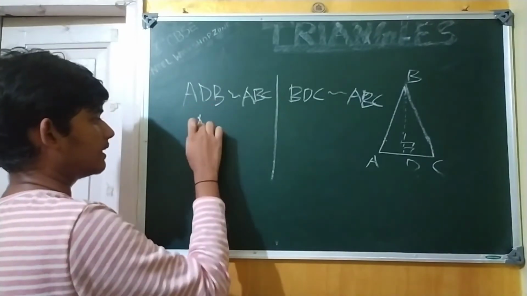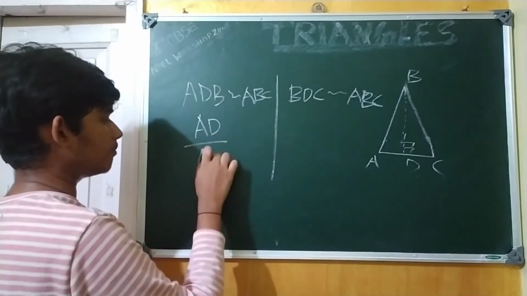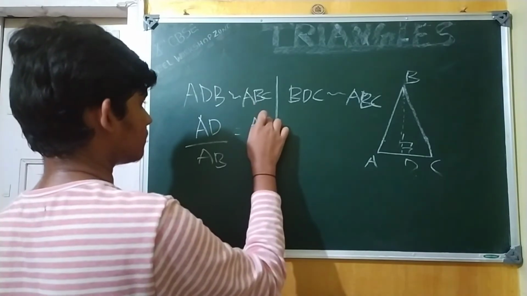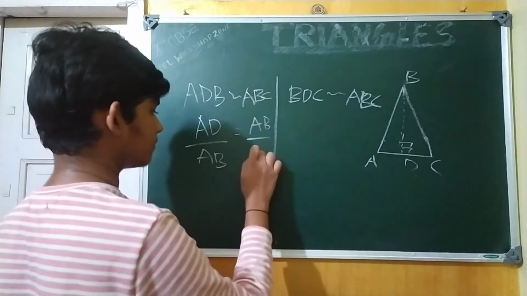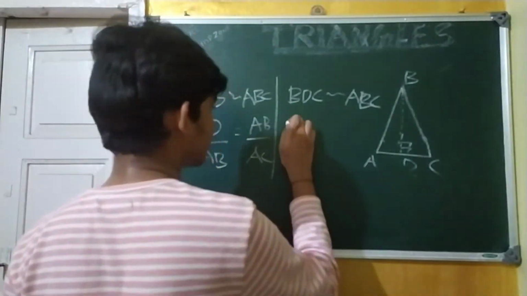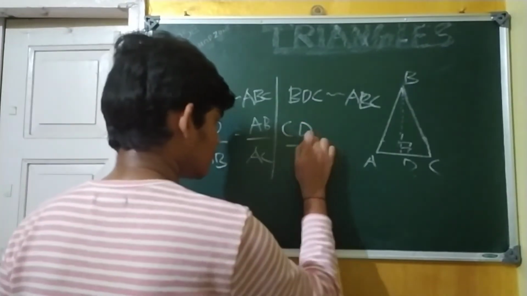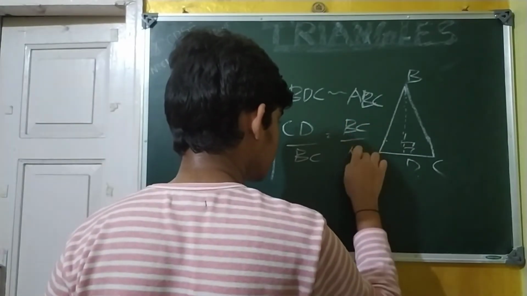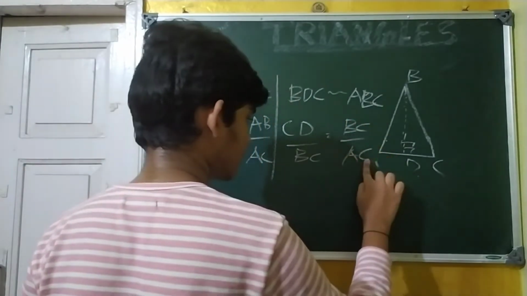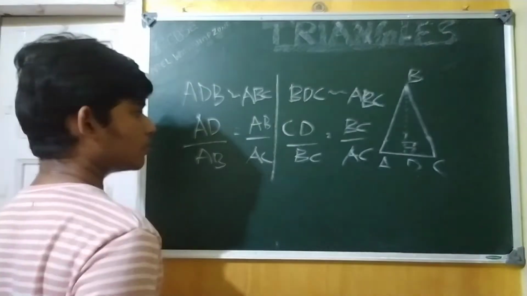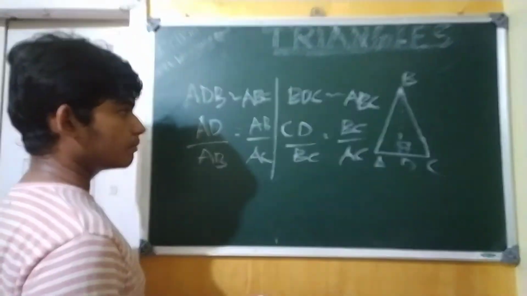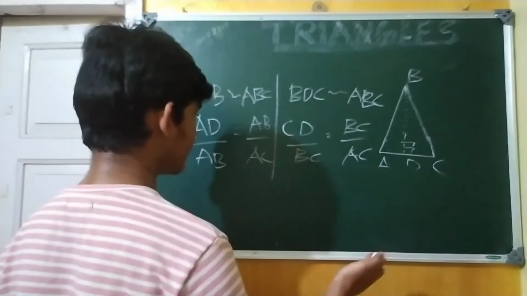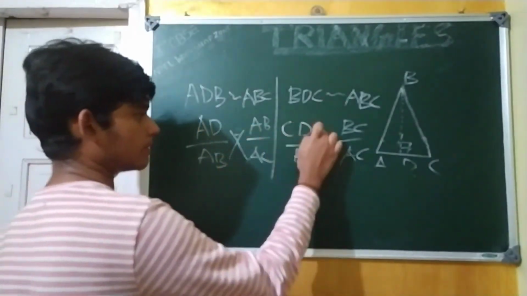So let's take AD by AB is equal to AB by AC. On the other hand, let's take something like this. Basically let's take them like this because they are similar, so we can take them in the form of fractions. Now let's do the cross multiplication.